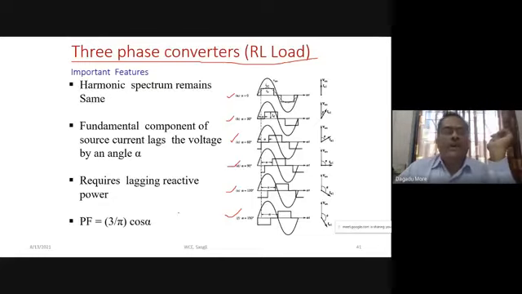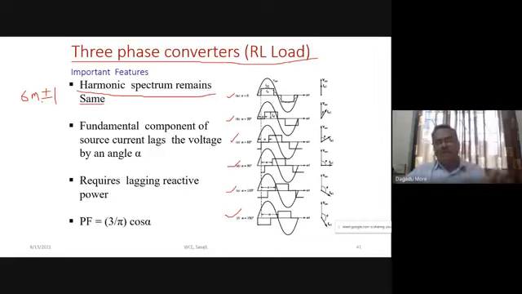The wave shape of current is not changing, and as the wave shape of current is not changing, the harmonic spectrum remains the same, with harmonics of 6m plus minus 1. There is no change in the harmonics, whatever our alpha may be, either 0, 30, 90, whatever it may be.